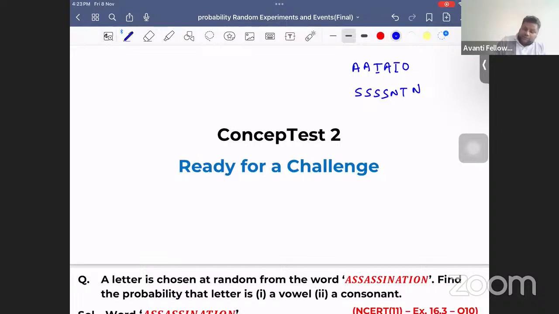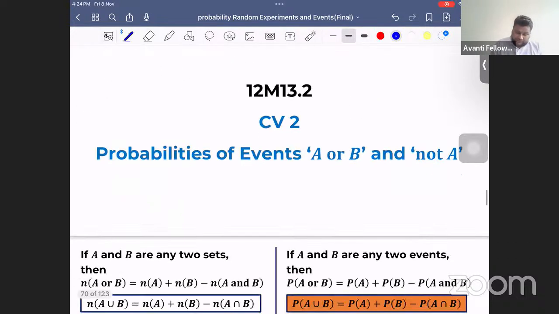So 1, 2, 3, 4, 5, 6, 7, 8. Out of 13, there are 6 vowels. So the answer for a vowel will be 6 by 13. And the answer for a consonant will be 7 upon 13. Am I correct? Most of you have answered it correctly. 7 by 13 is the answer for the consonant, 6 by 13 for the vowel. Very good. Easy question it was.